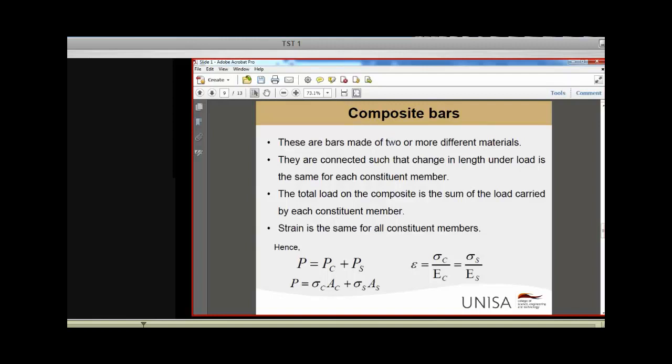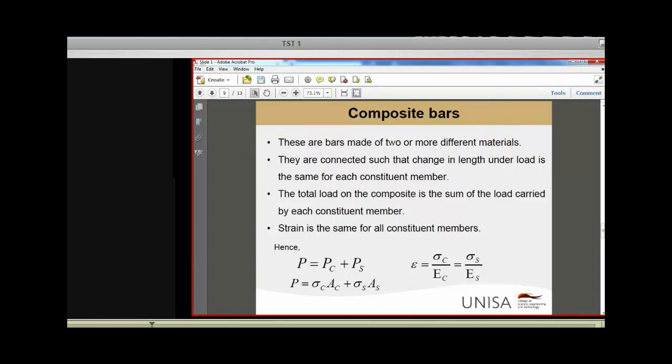So the material is connected as one unit made of different materials, such that when there is a deformation, the materials deform together, in the same manner. The total load on this material will be shared by each of the constituent members. So the total load on the composite is the sum of the load carried by each constituent member.